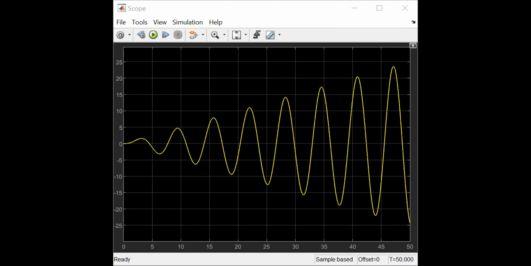Have you observed that? After a certain time, or as time went to infinity, the system response went to 1. This is called the steady state response. The response of the system when time goes to infinity is called the steady state response.